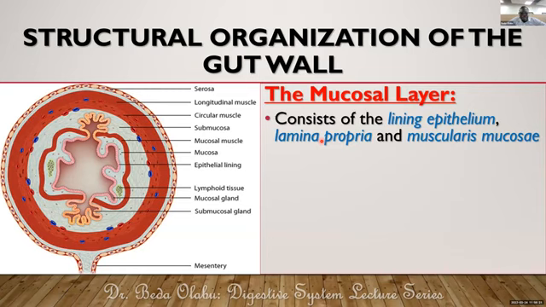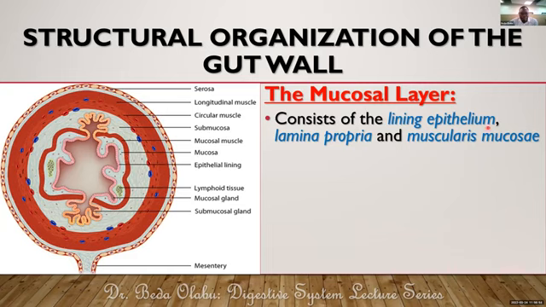Then deep to that connective tissue layer, we have a thin layer of smooth muscle, which we call muscularis mucosa. So these are the 3 components of the mucosal layer. In this image, that is the lining epithelium. Then that is the lamina propria, and that is the muscularis mucosa.